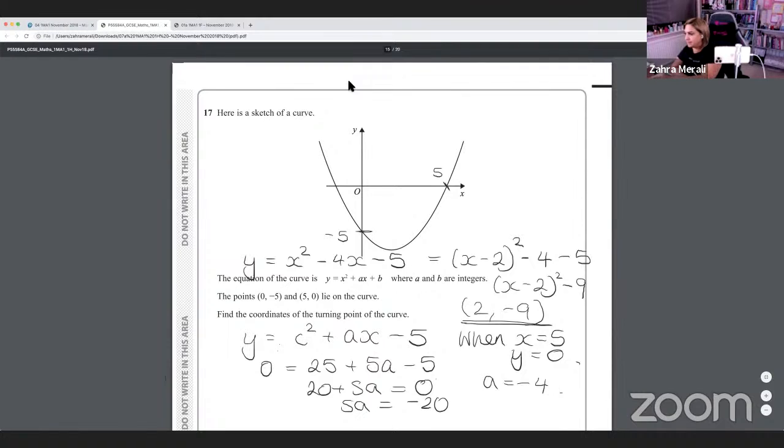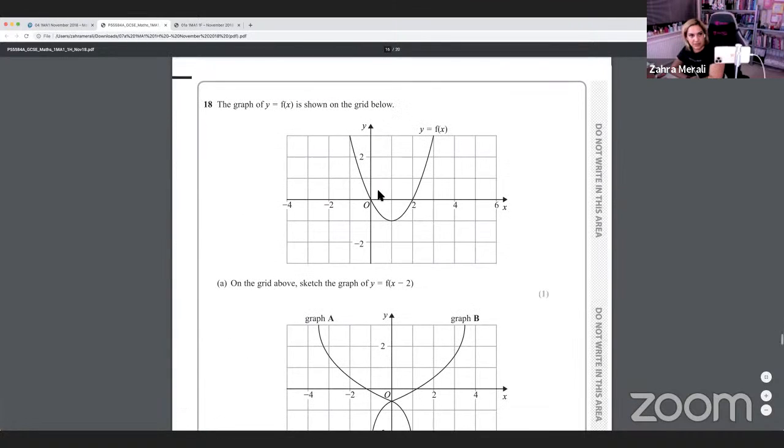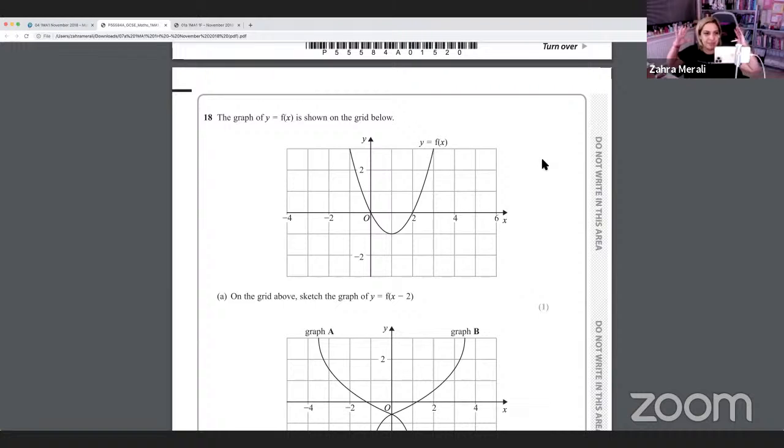Right. Next question, question 18. So we've got a graph of y equals f(x), and then we've got to sketch f(x minus 2). Inside the bracket affects the x. X's are bad.